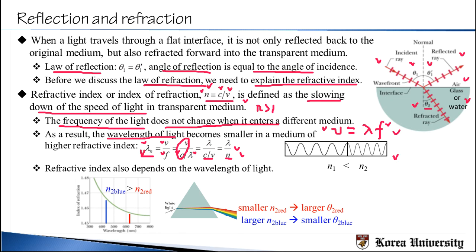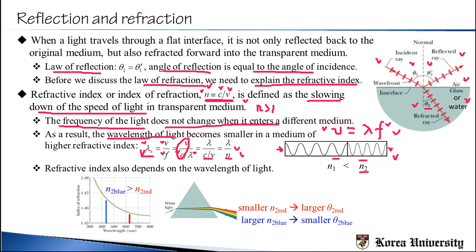So just like here, when the light is traveling in a medium, and if the part of the medium on the right side has higher refractive index, the wavelength inside it will become shorter. Okay, that's what it is. So remember that refractive index is defined this way. If the light is slowing down more, it will have higher refractive index.